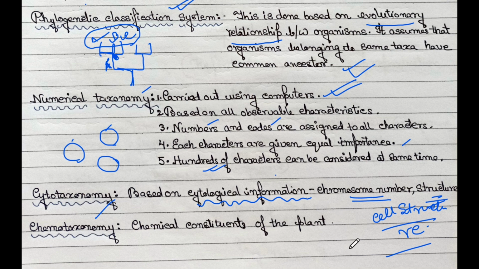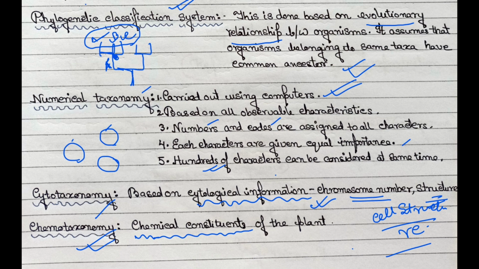It can also be based on presence or absence of cell wall, any cell-related information is the basis of cytotaxonomy. Then we come to chemotaxonomy. This is a very new field, and it is based on chemical constituents of the plants.